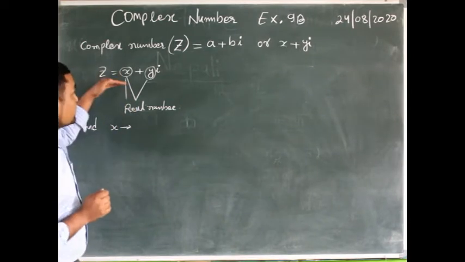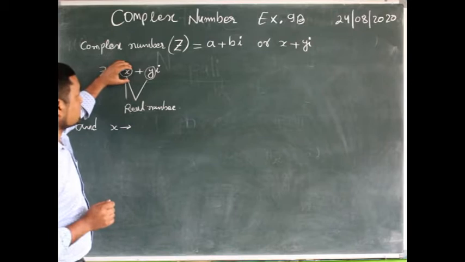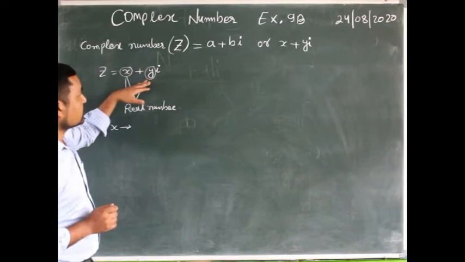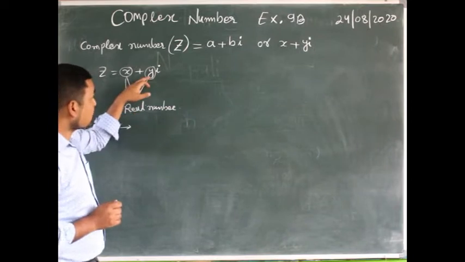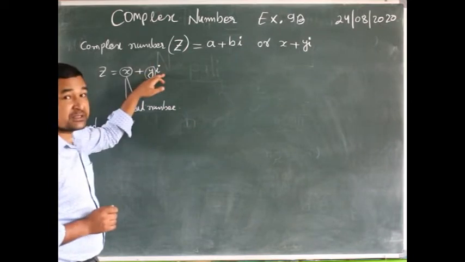The first is called real, without i. The second, with i, is called the imaginary part.